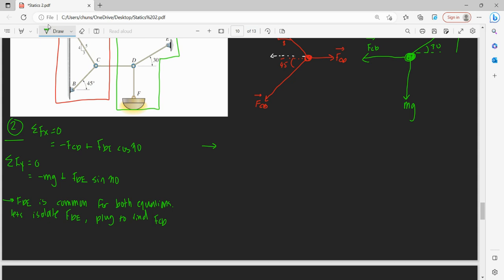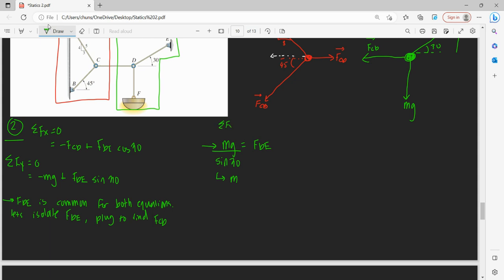So in our Fy equation, mass times gravity, we move this to the other side, divided by sine 30 equals FDE. We will be answering in terms of m because we don't know what our mass is yet. So we're going to keep that as a variable. So we'll do m.